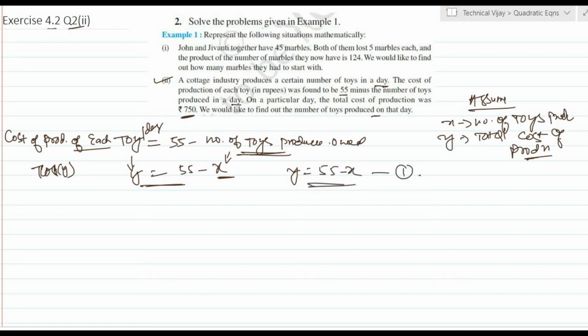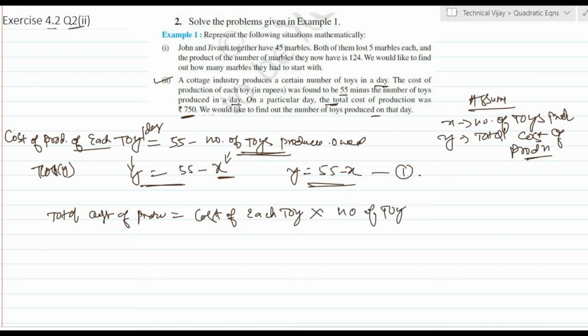So now on a particular day, the total cost of production was 750. Here the total cost of production is equal to the cost of each toy into the number of toys produced on a day.